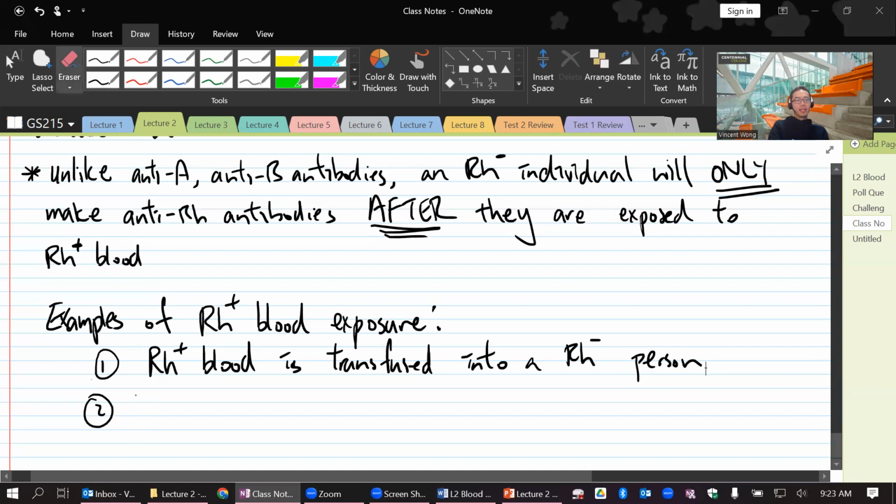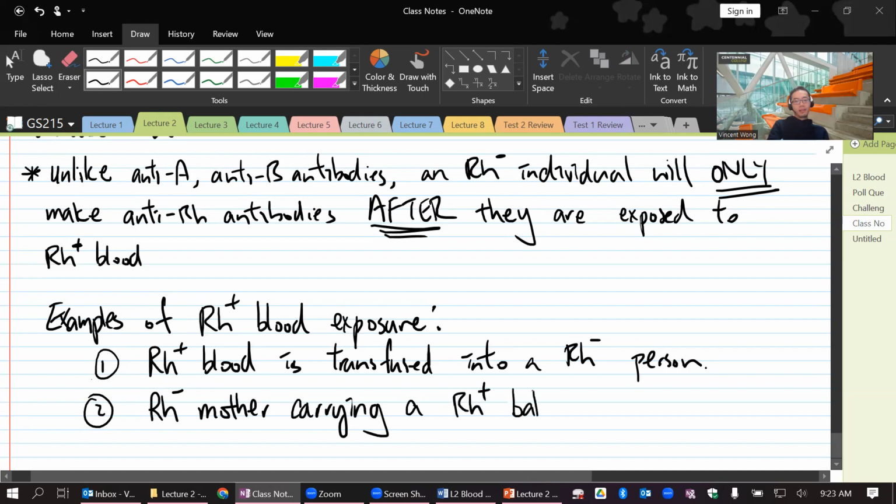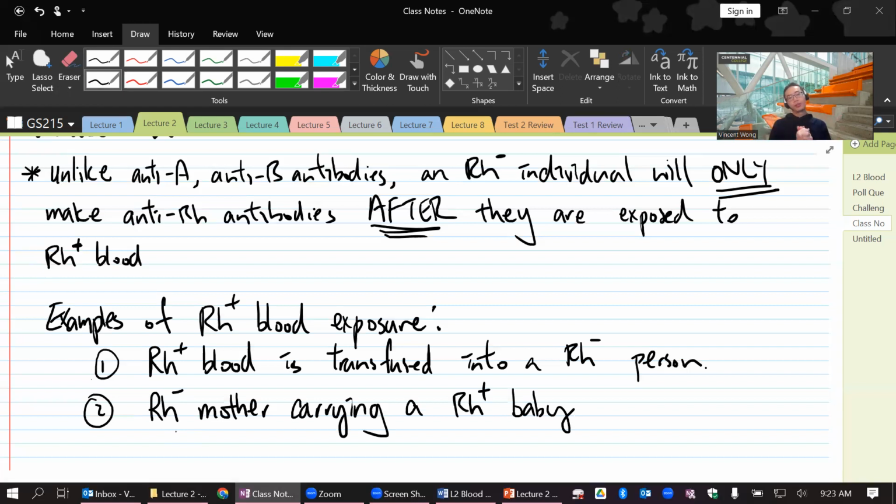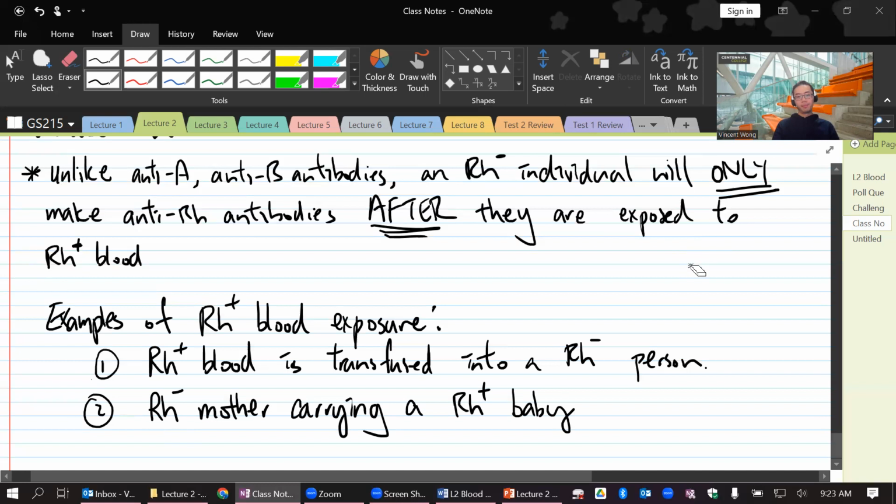The second possibility is an Rh negative mother carrying an Rh positive baby. And then the baby's blood got into the mother. That could happen, and I'll explain more later. All right, so these are two examples of how an Rh negative person can be exposed to positive blood.